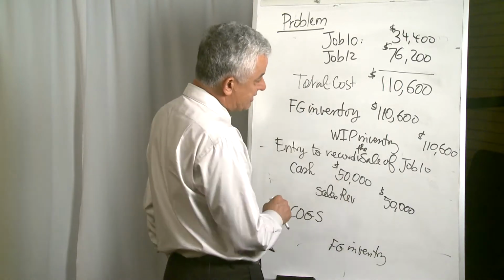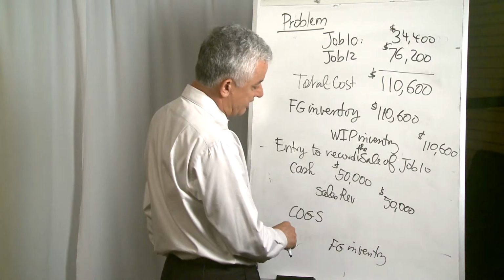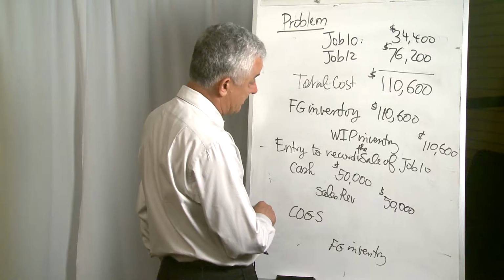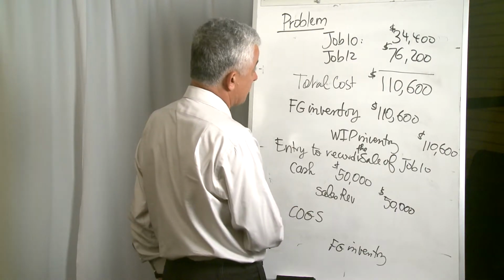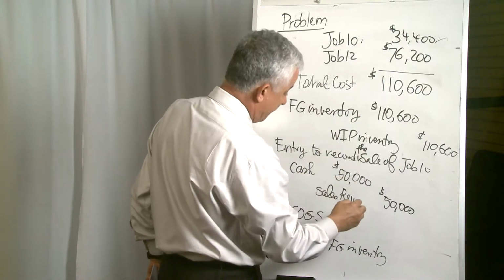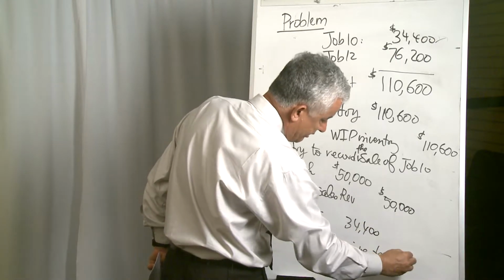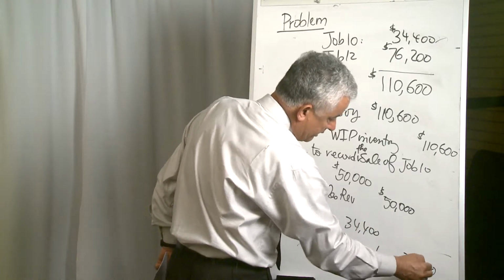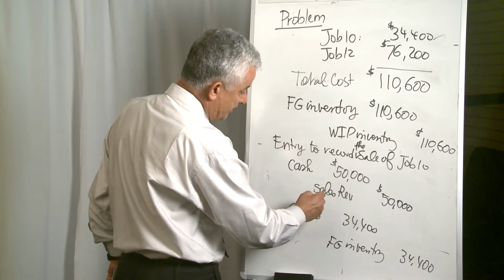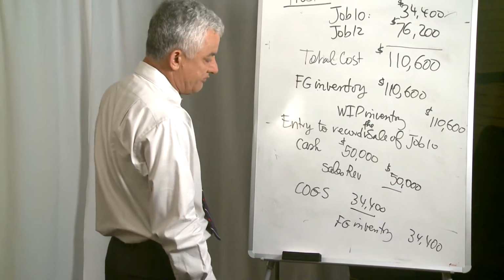Remember, the 50,000 is the retail price, right? But it cost us less than the $50,000 to manufacture this finished goods inventory that has been sold, job 10. It cost us only 34,400. So we have 34,400, 34,400, and we can guess what our gross profit is now. It's going to be the difference between the sales revenue, 50,000, and the cost of goods sold of 34,400.